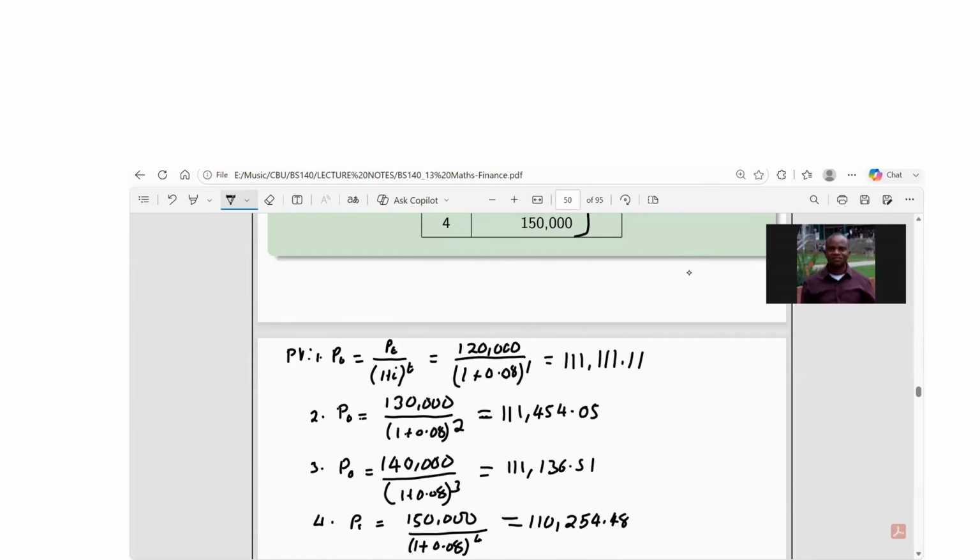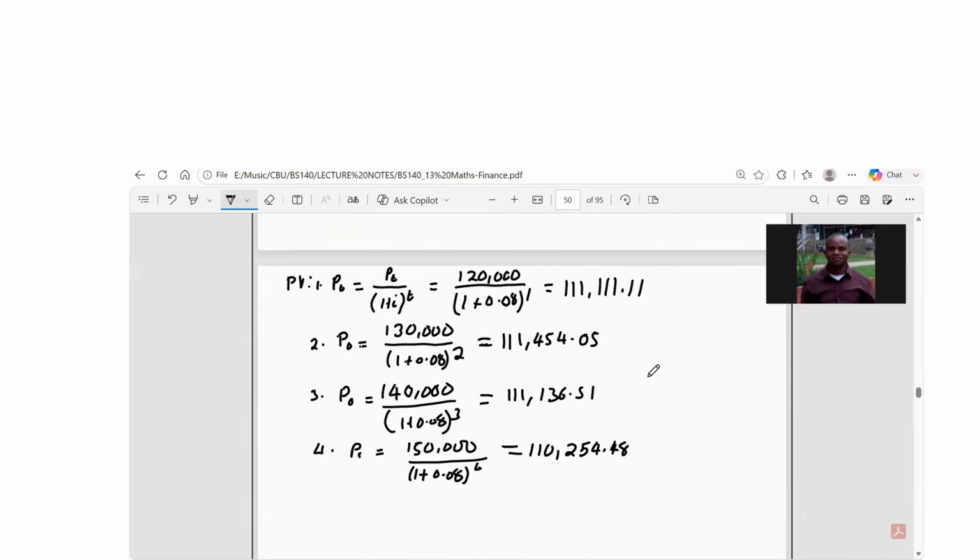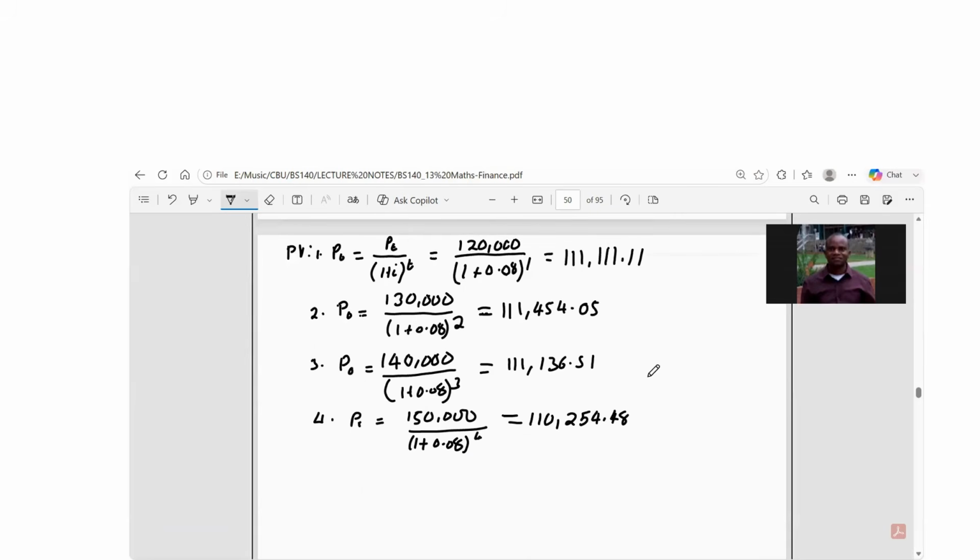So now, what is the total present value? The total present value is going to be the sum of these.